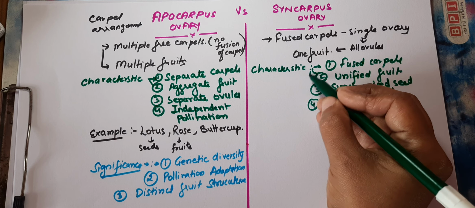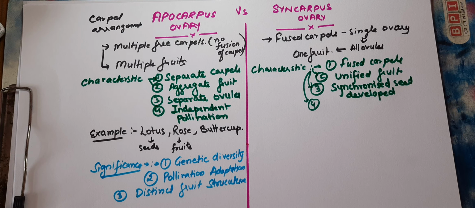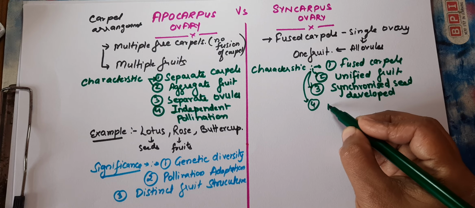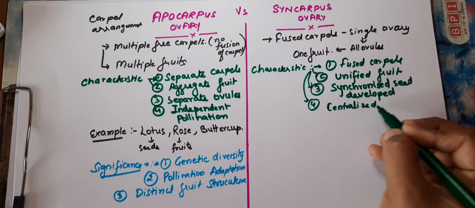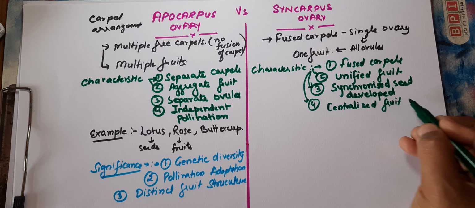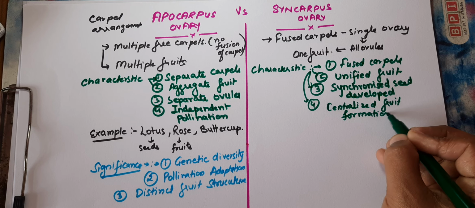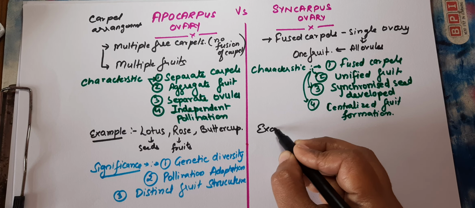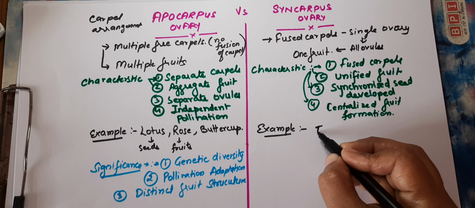The fourth characteristic of the syncarpous ovary is in terms of fruit formation. The fruit formation is centralized, and we discussed that only a single fruit will be formed instead of multiple fruitlets. Examples of species displaying the syncarpous ovary include tomato.